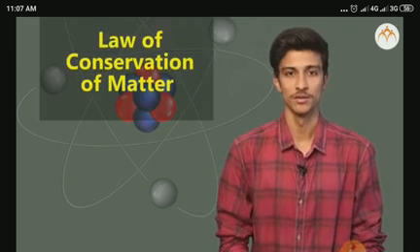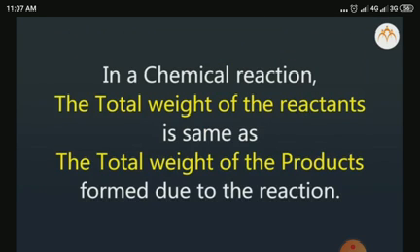When two chemicals react with each other, they form new substances. The composition of substance changes during chemical change. Scientists studied these reactions and stated some laws of chemical combination. First one, law of conservation of matter. In a chemical reaction, the total weight of the reactants is the same as the total weight of the products formed due to chemical reactions.